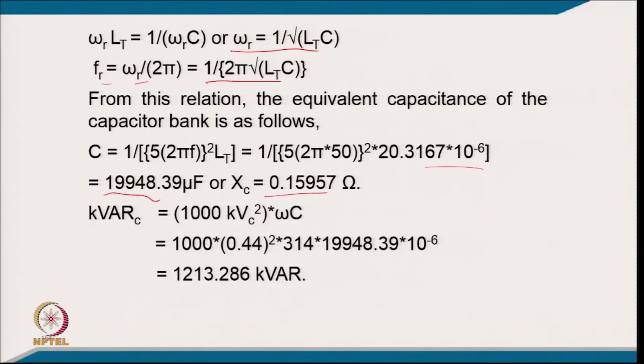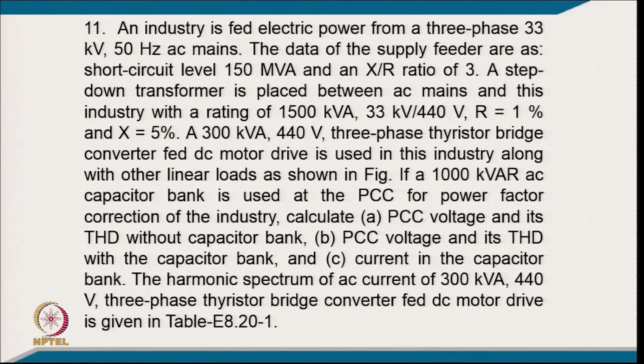The kVAr rating, putting the value of this capacitor and voltage, comes like 1213.286 kVAr. So if that much kVAr capacitor is kept, certainly you will have a resonance problem.